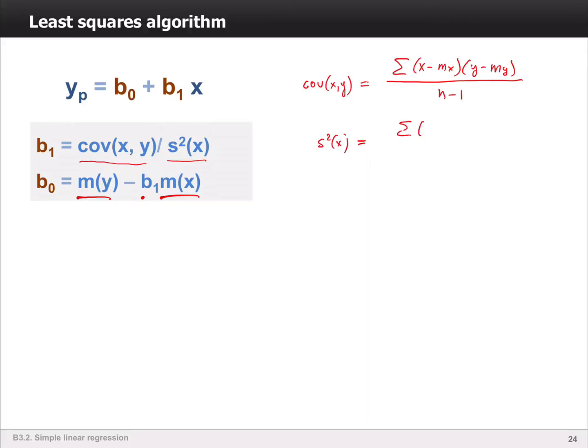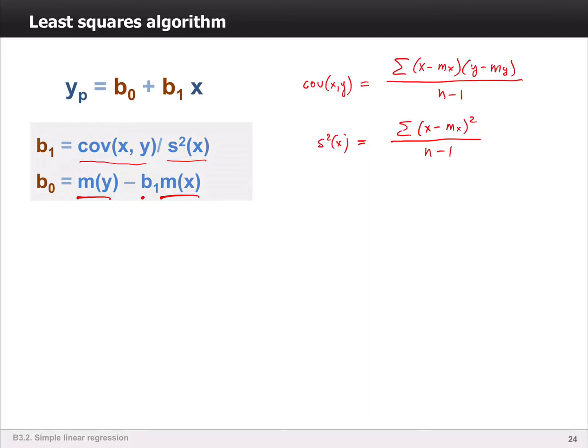It's a sum of squared distances between the x values and the average x, and then divide it by n minus 1. I don't use the indices i for the sum, just to make these formulas a little bit more readable. But of course we have x1, x2, x3, y1, y2, y3, and so on.